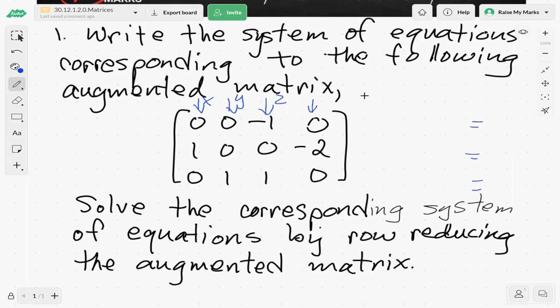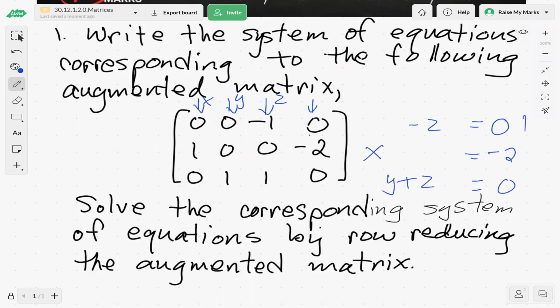We have three equations. On the right-hand side of each equation, we have 0, -2, and 0, respectively. On the left-hand side, the first row corresponds to the equation -z equals 0. Second row corresponds to x equals -2, and the third row corresponds to y plus z equals 0.